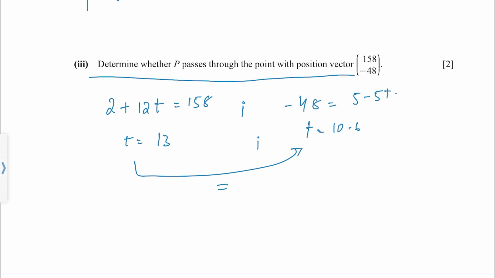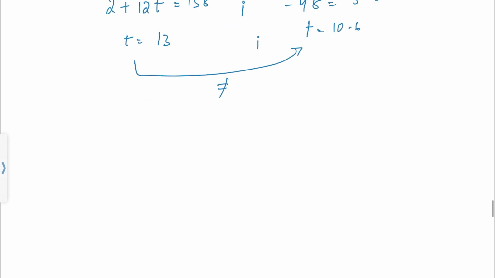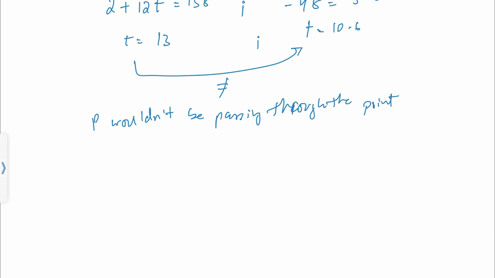So these two don't match. So P wouldn't be passing through the point with the position vector 158 and minus 48.